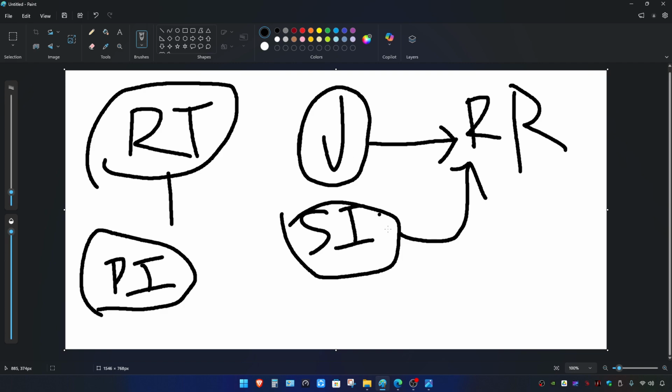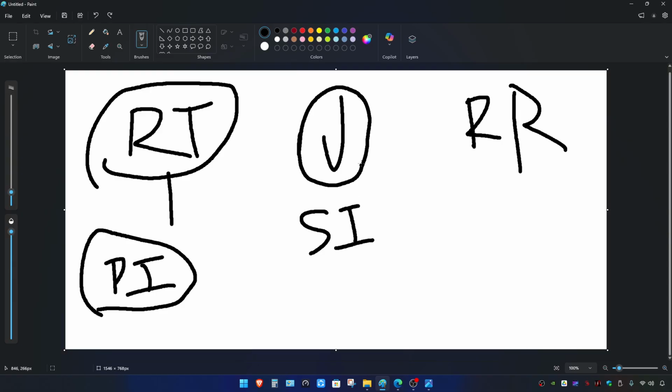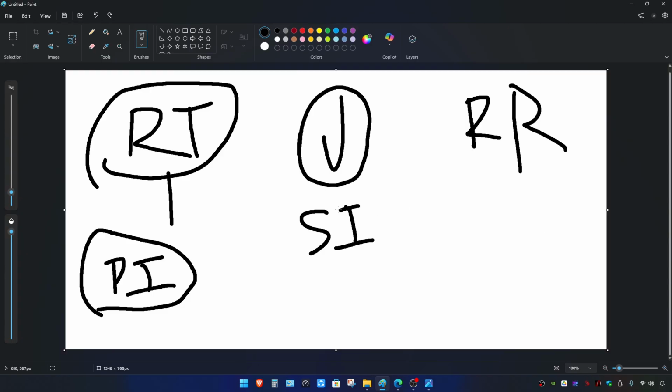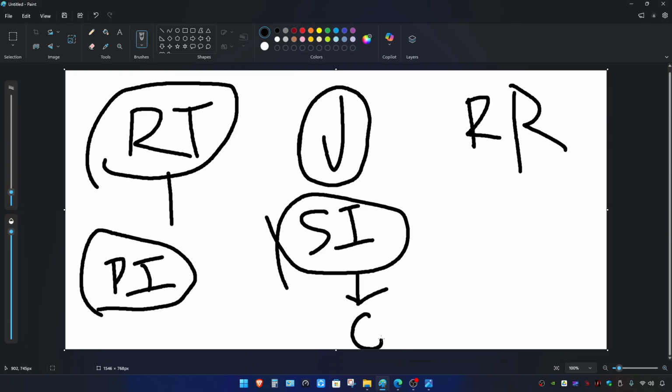Otherwise, if we block only one channel, let's say channel 1 is blocked, then the radio receiver will still work with channel 2. So how can we stop all of the radio receiver channels? Simple. We send secondary information in all of its channels.